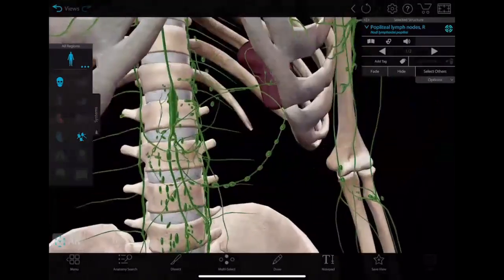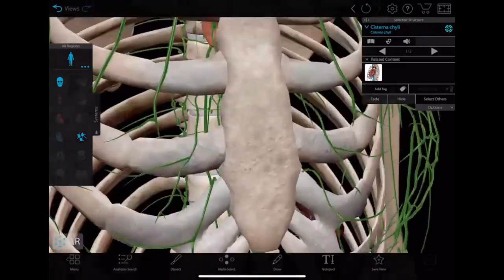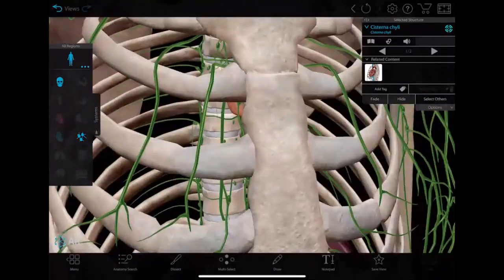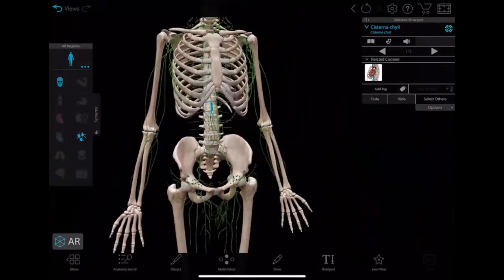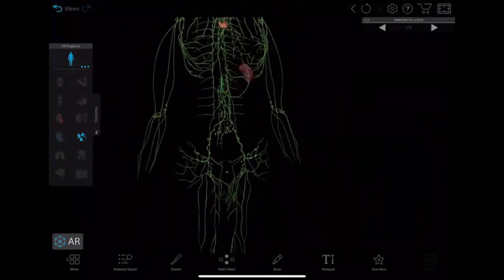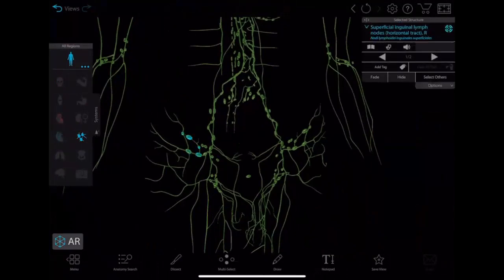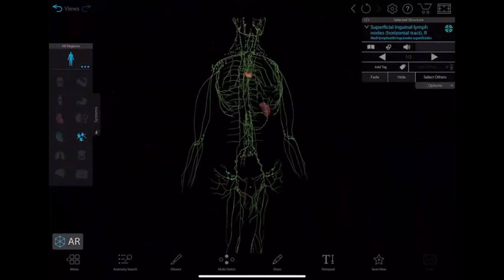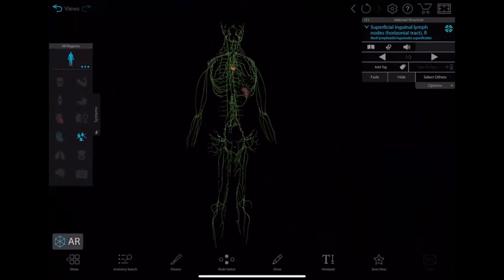Okay, cisterna chyli, and again the thoracic duct. So this is the lymphatic system, right? So those are the inguinal region, right? So that is the whole lymphatic system.